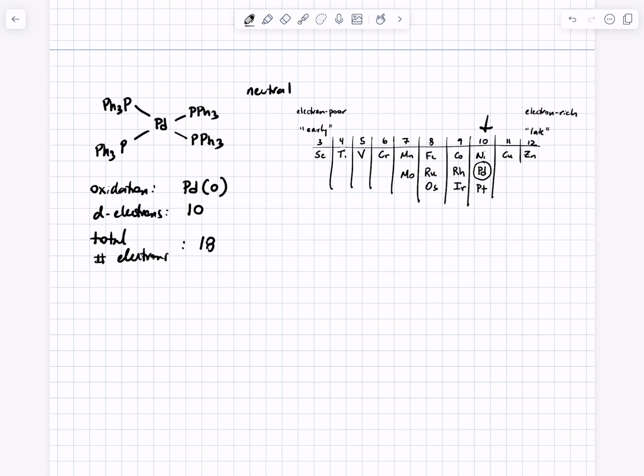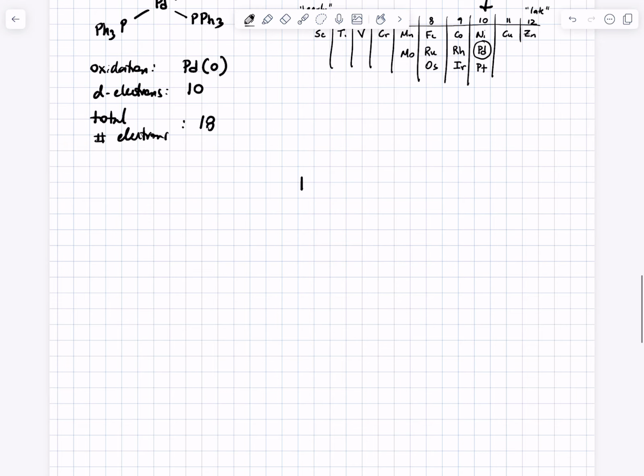So it's thought that the first thing that has to happen in this reaction is that we have to lose 2 ligands. So the tetra-coordinated palladium species is going to lose 2 phosphine ligands.